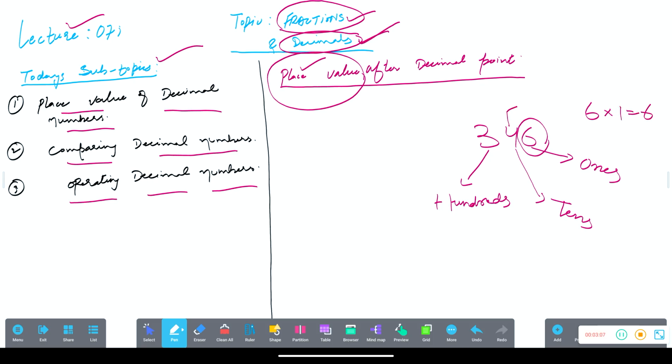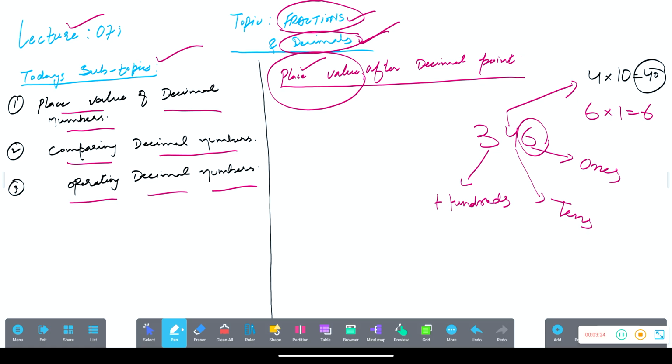When I talk about this 4, is it a 4 there or something different? Remember, by the look, it looks like 4. But since it is at the tens place, it has to be multiplied with 10. That is equal to 40.